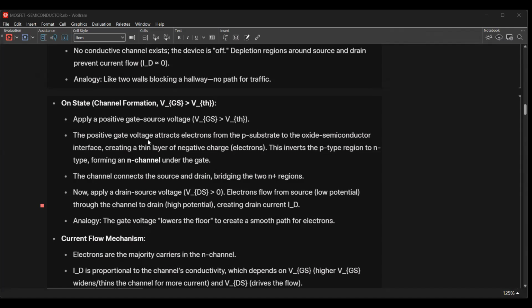The positive gate voltage attracts electrons from the P substrate to the oxide-semiconductor interface, creating a thin layer of negatively charged electrons. So this inverts the P-type region to N-type, forming an N channel under the gate.